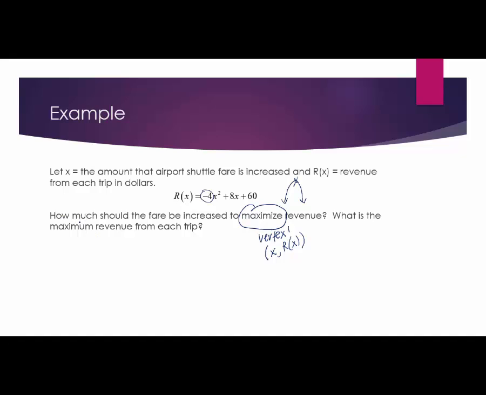It's asking me how much the fare should be increased. That corresponds to the x value of my vertex. Then it also asks what is the maximum revenue, so there's that word maximum again, and revenue is the r of x or the y value of my vertex.